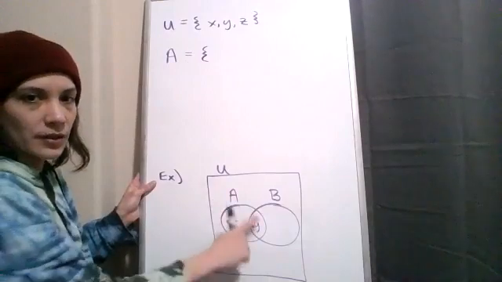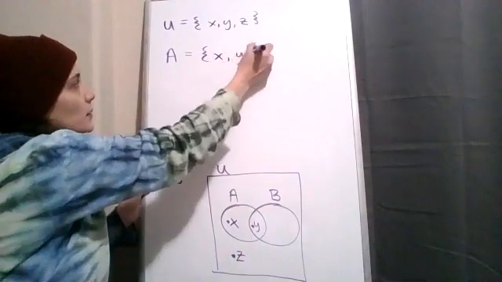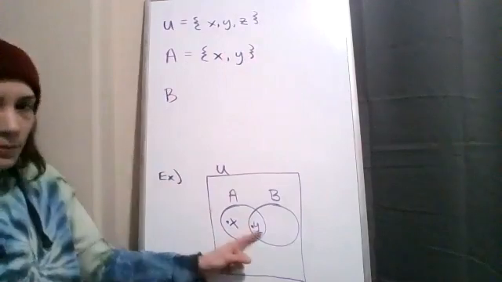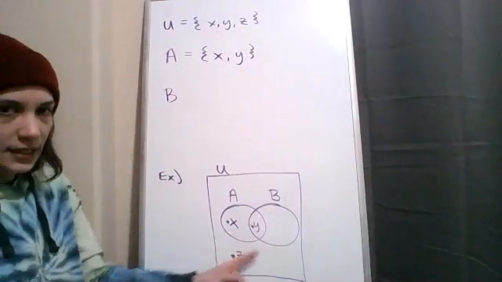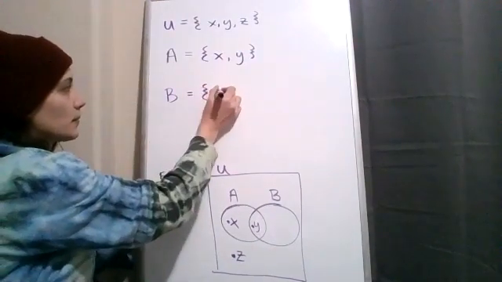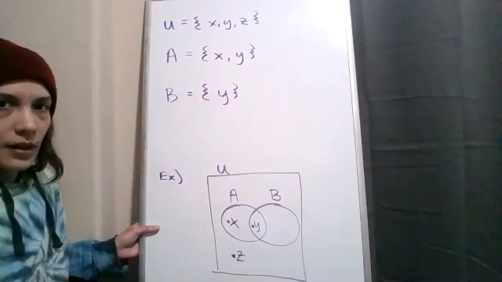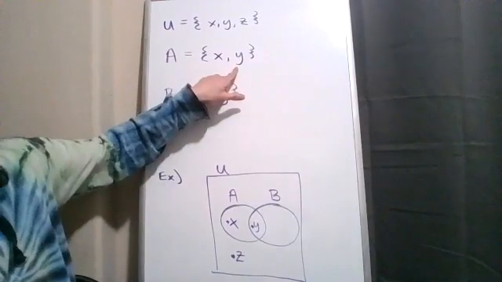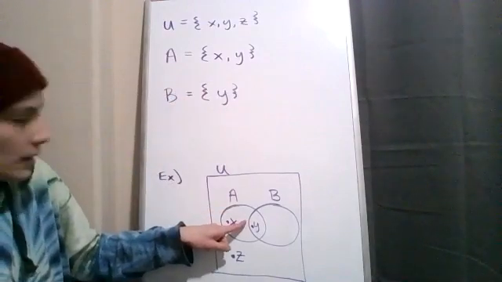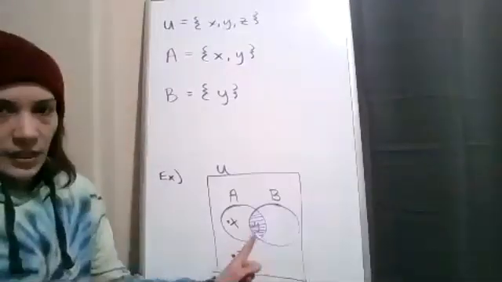So everything in this circle is the set A. Okay, B is this circle, or that set, and it only has the element y. Just a note, y is in A and y is in B, which is the intersection of A and B. We're going to do that next.